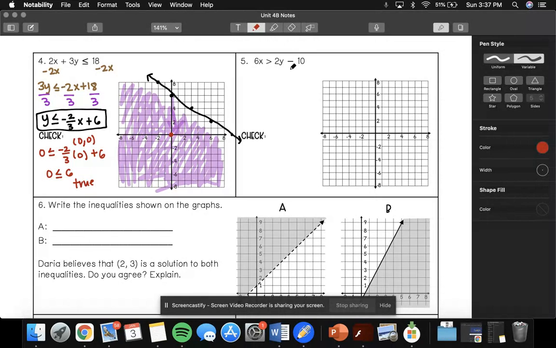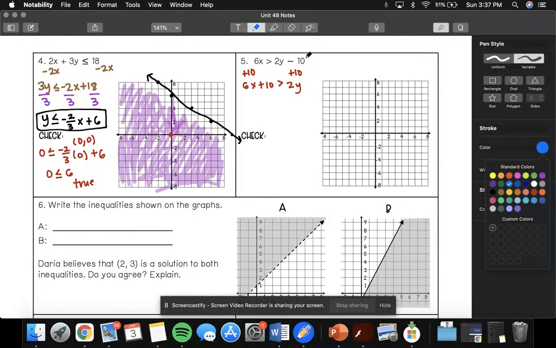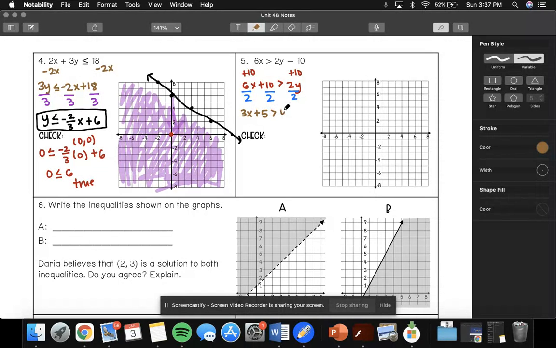So I'm going to move the 10 over. 6x plus 10 is greater than 2y. Okay, then I'm going to divide by 2. So basically I'm just moving everything else to the left, which did not have to be the way you did it. Okay. So I have 3x plus 5 is greater than y.